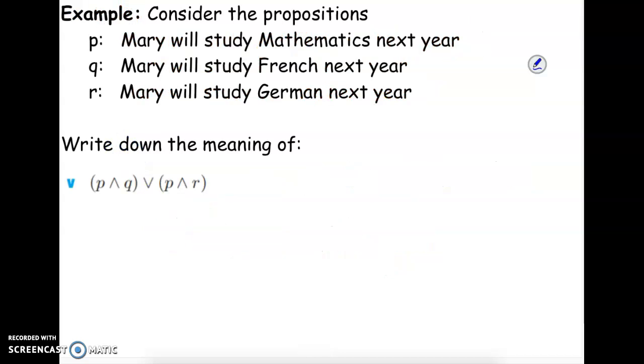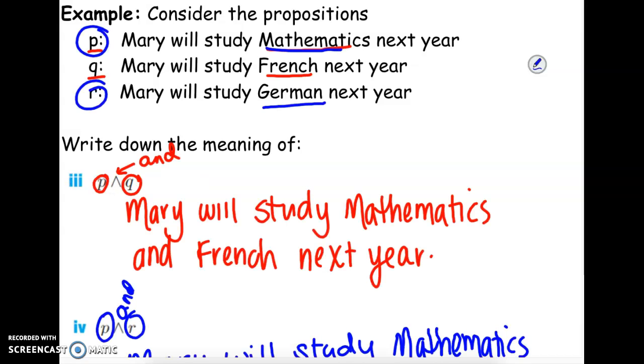All right. Last part, write down this symbol proposition. So we've already taken care of this symbol, P and Q, which is right here. What does that mean? Mary will study mathematics and French next year. So that's part 3.